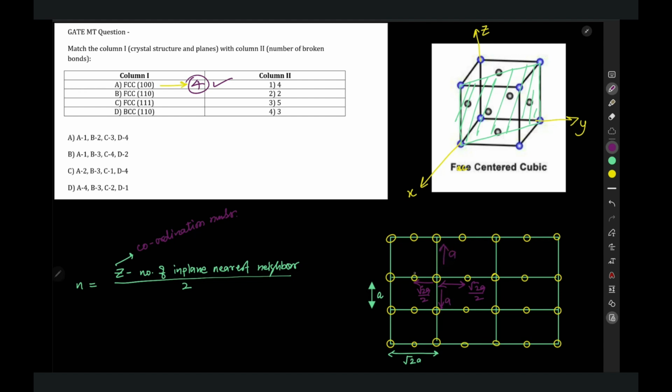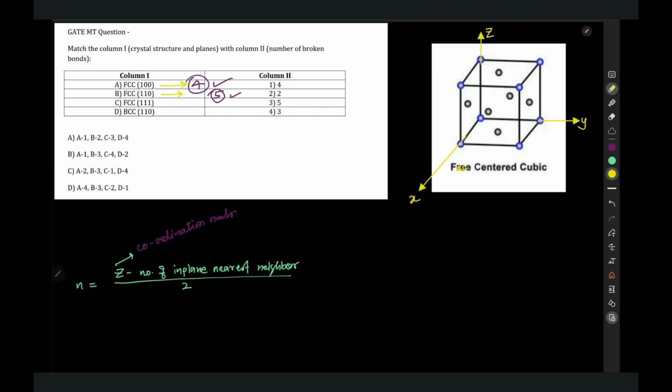So for nearest neighbors there are only 2 atoms present. Using the formula, now we can calculate the number of broken bonds. N equals, what is the coordination number of FCC? That is 12, minus the number of in-plane nearest neighbors, that is 2 divided by 2. After calculating, it will become 5. So for option B, the correct answer will be 5 broken bonds.